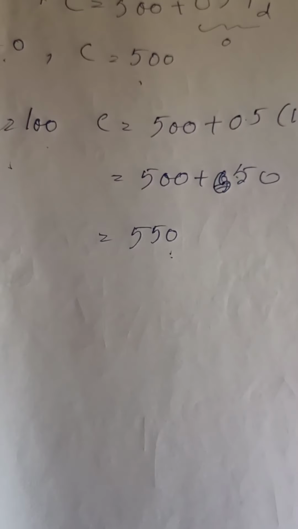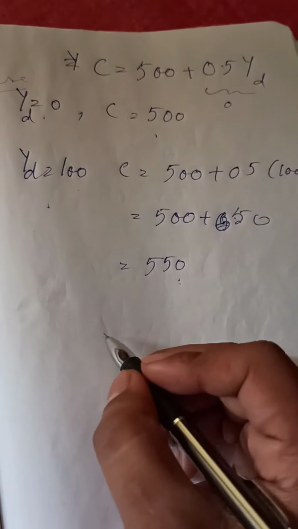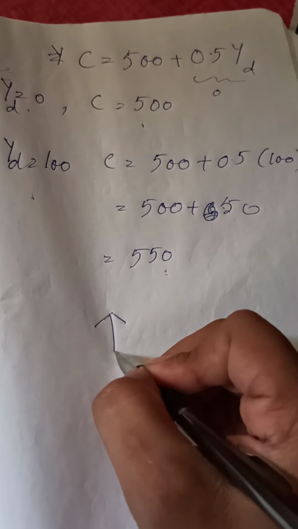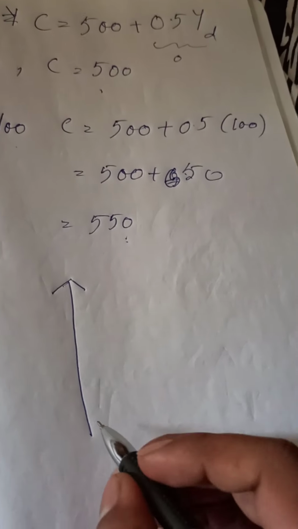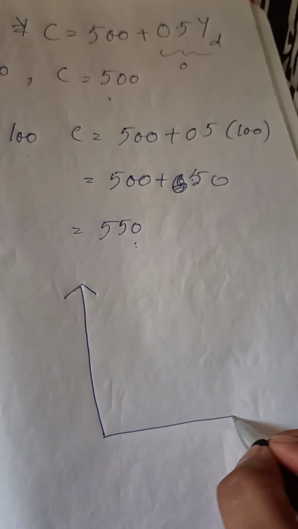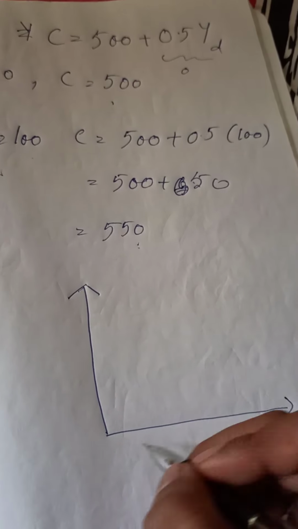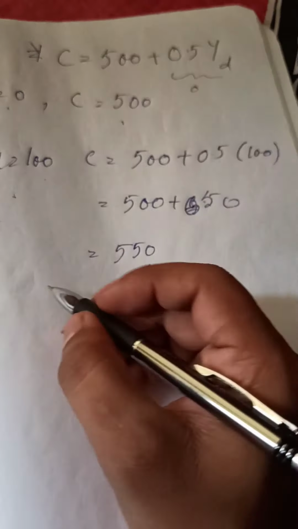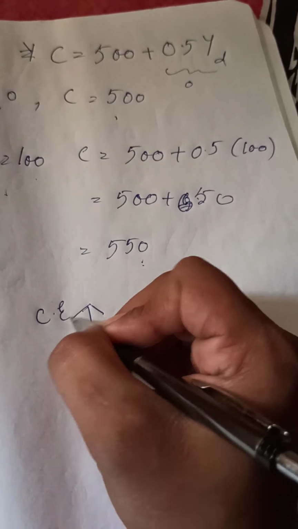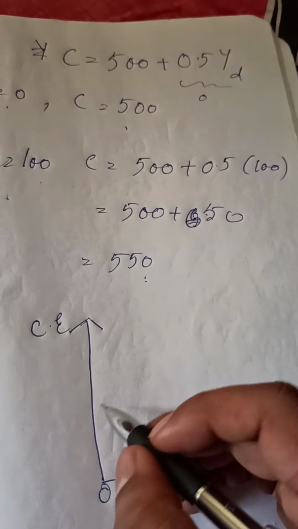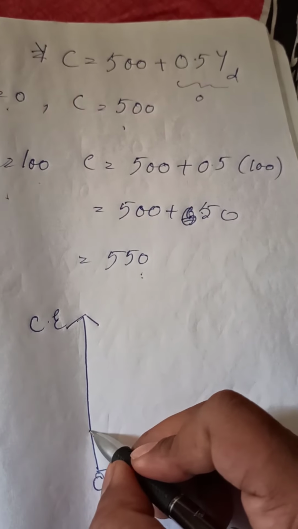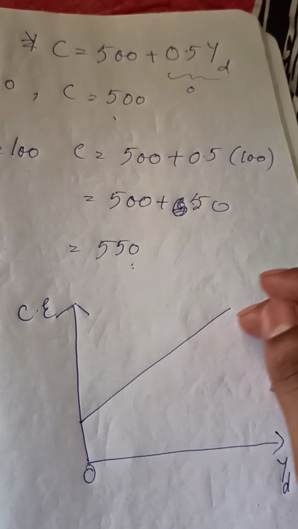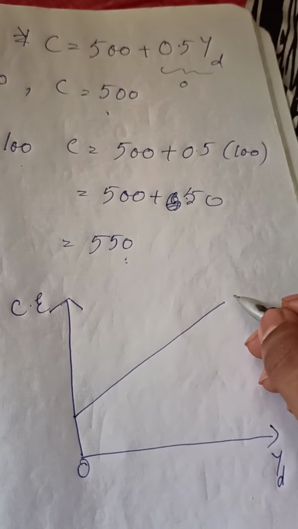Now let us see how to represent a consumption function using a diagram. While representing the consumption function in a diagram, you will measure income YD on this side and consumption expenditure on this side, and the consumption function will be given as this upward sloping straight line.